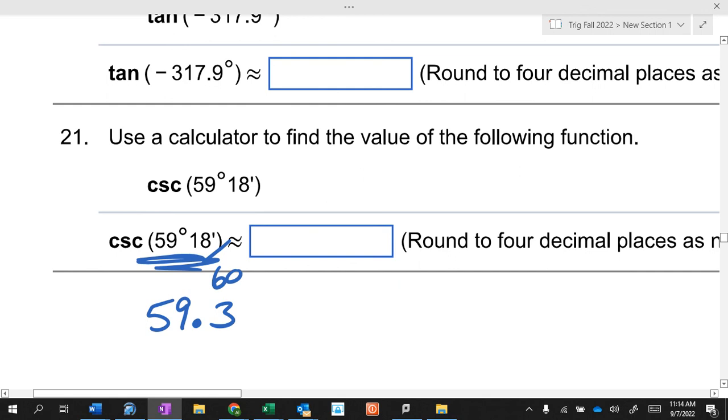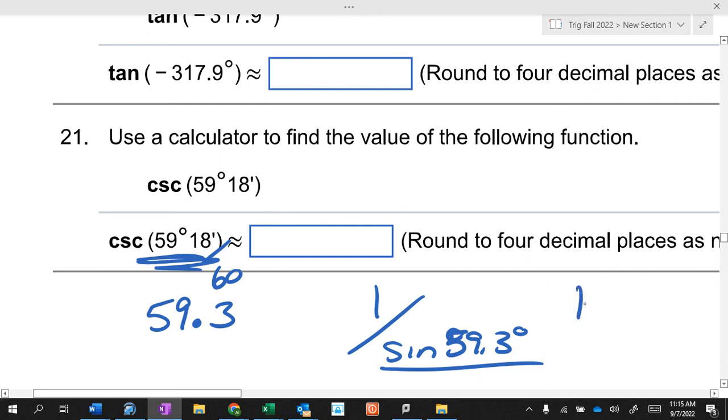59.3. Now Taylor's going, how do you get cosecant? What is cosecant? 1 over sine. So it's 1 over the sine of 59.3 degrees. Or you take the sine of 59.3 and you do the reciprocal of it.